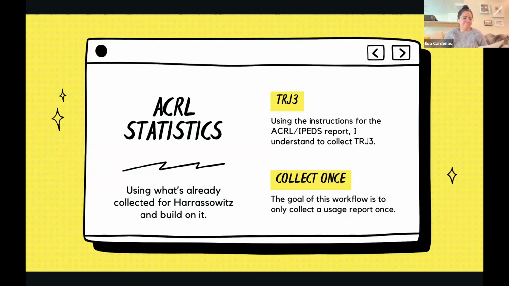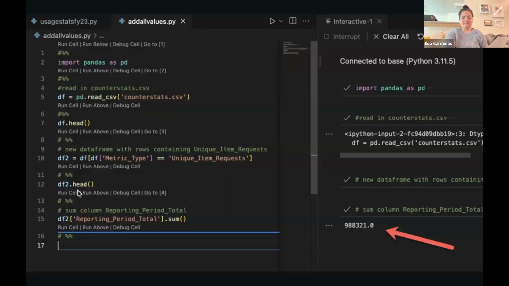In this situation, instead of finding individual usage for individual titles, I'm collecting usage across the entire vendor platform. So I can technically still use the existing data that I collected for Harassowitz. This is the code that I wrote with the assistance of GitHub's Copilot.